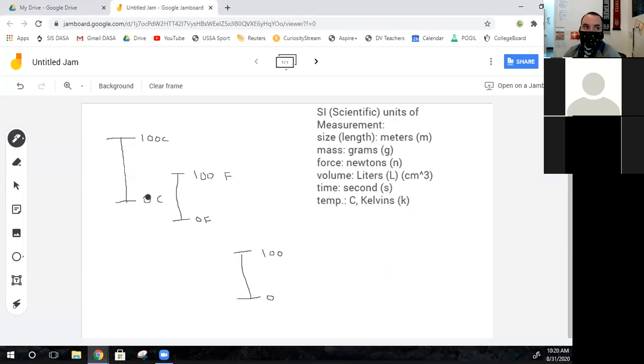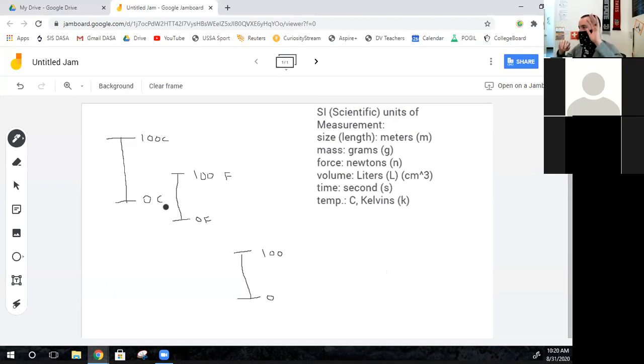Okay, so 273 kelvins is 0 Celsius. But the change of 1 degree between 1 degree Celsius and 1 Kelvin is equal. So if we go up by 1 degree C, we go up by 1 Kelvin. Does that make sense? They're the same unit size. Fahrenheit, the unit size is smaller.